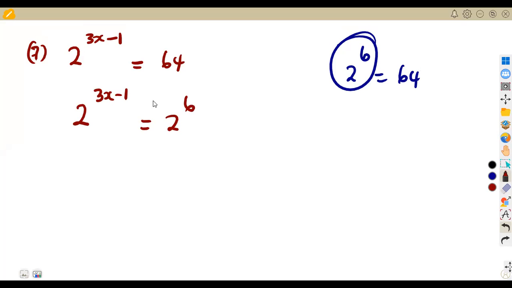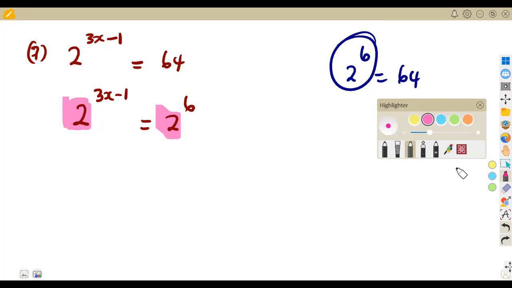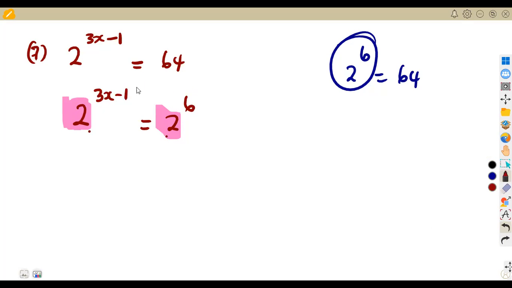We now have a condition that the two bases are the same. There is no way that these two can be equal and the exponents on top are different. Once the bases are the same, automatically the exponents must be equal. That is the law, the whole point of this class. So 3x minus 1 is equal to 6.